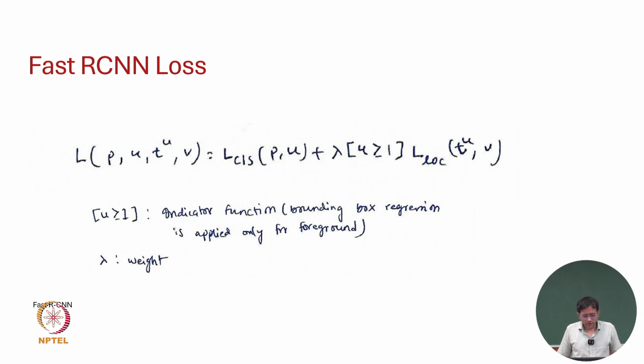At the same time, we also have the indicator function, which is used because the bounding box regression is applied only for the foreground objects. That is, we will not be using it when u is equal to 0, that is, when the particular object belongs to the background. In that case, we will not be using this component of the loss function.